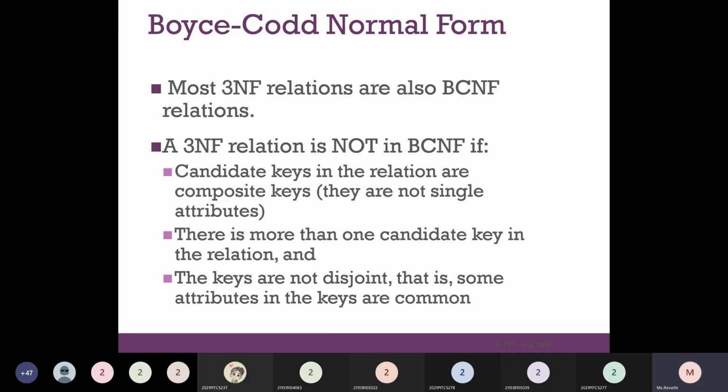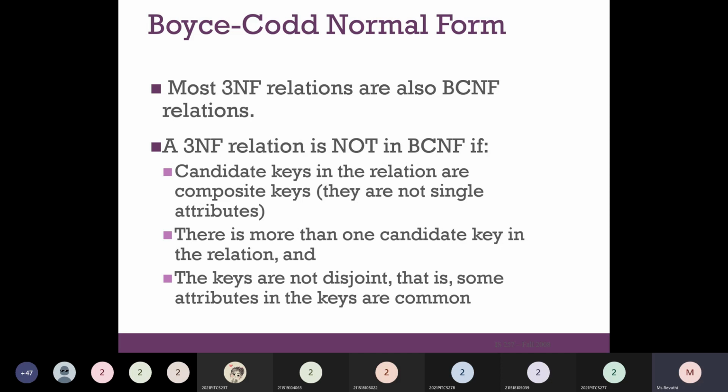To be in BCNF, there shouldn't be any composite key used as a candidate key. If there is more than one candidate key in a relation and the keys are disjoint, that is, some attributes in the keys are common, then it leads to anomalies.